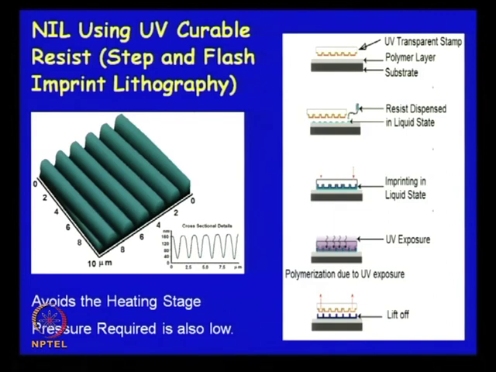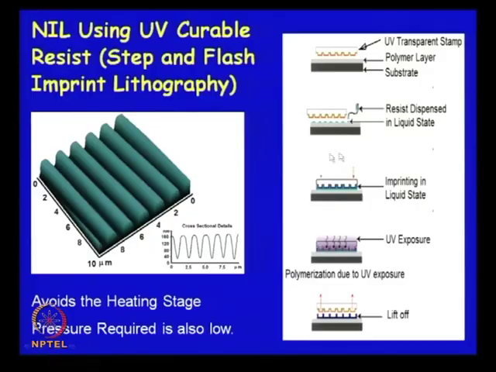The advantage is that the chances of a thermal coefficient mismatch and a volume contraction or expansion due to thermal cycling are also gone. After the imprinting is over and the liquid has filled up the voids, unlike cooling, which is what you typically do in conventional NIL, you just do a UV exposure.